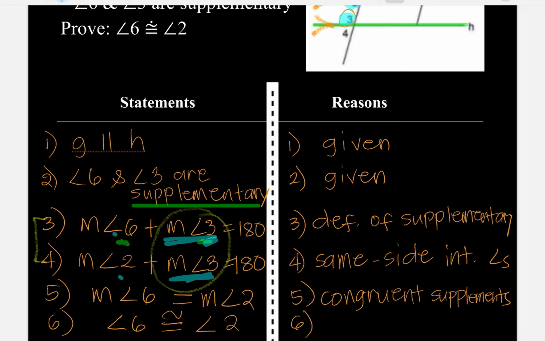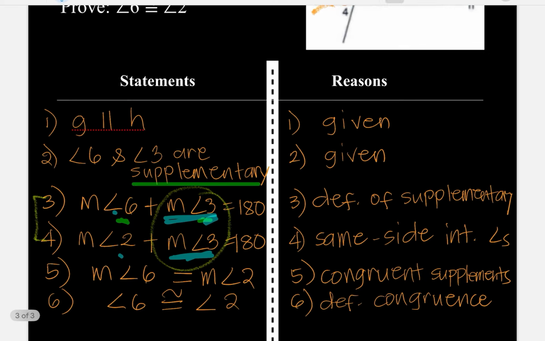And our reason for that is definition of congruence. Because if we recall the definition of congruent, it simply means something is equal. So if we're talking about angles, the measures of the angles are equal, we can also say that they are congruent to each other. So that's definition of congruence.